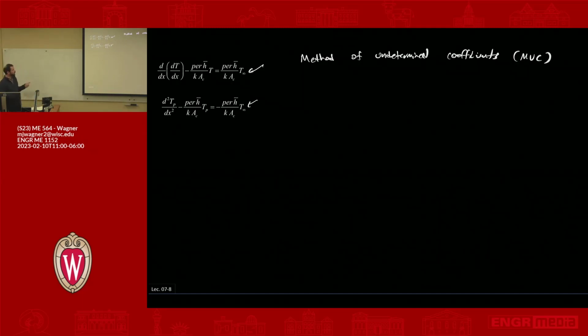So this example is pretty simple because we would just say, well, the right-hand side is a constant. So Tp, I'm going to guess, is equal to some constant, let's call it C3 because we have C1 and C2 from our homogeneous solution. So C3 times the function on the right-hand side plus C4 times the derivative of that function.